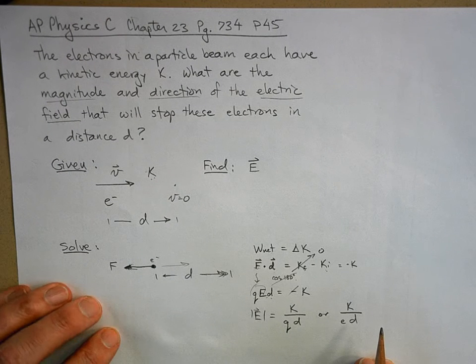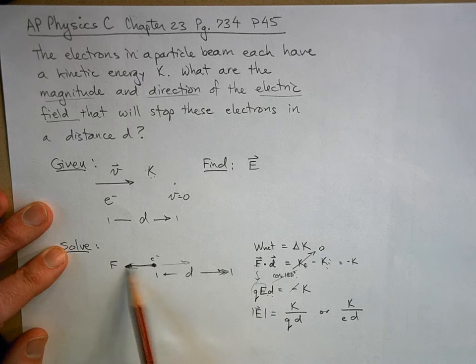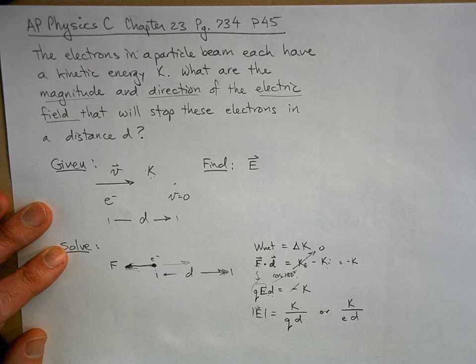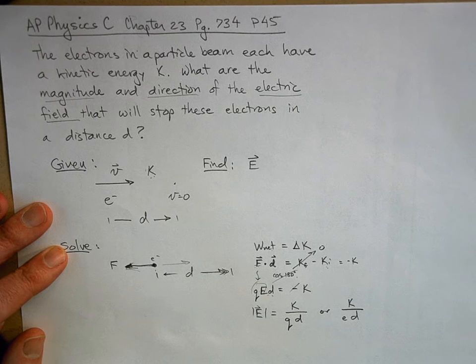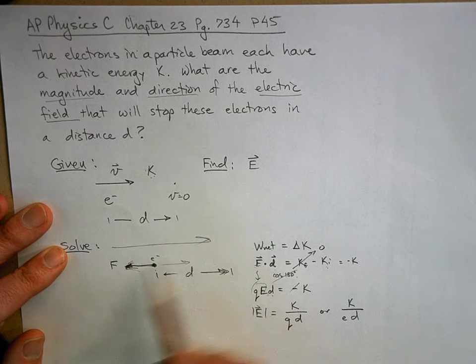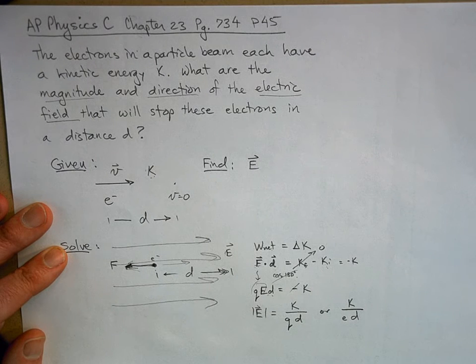Now, what's the direction of the electric field? Well, you want the force to be to the left, but it's a negative charge. Remember, the direction of the electric field tells you the direction that it would push on a positive test charge. But this charge is negative. So if we want the force to be to the left, the electric field has to be to the right, which is the same as the direction of motion of the electron.